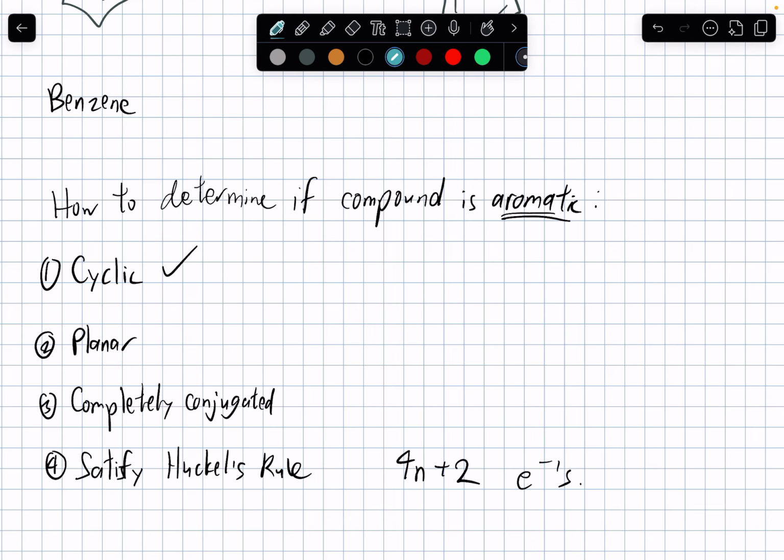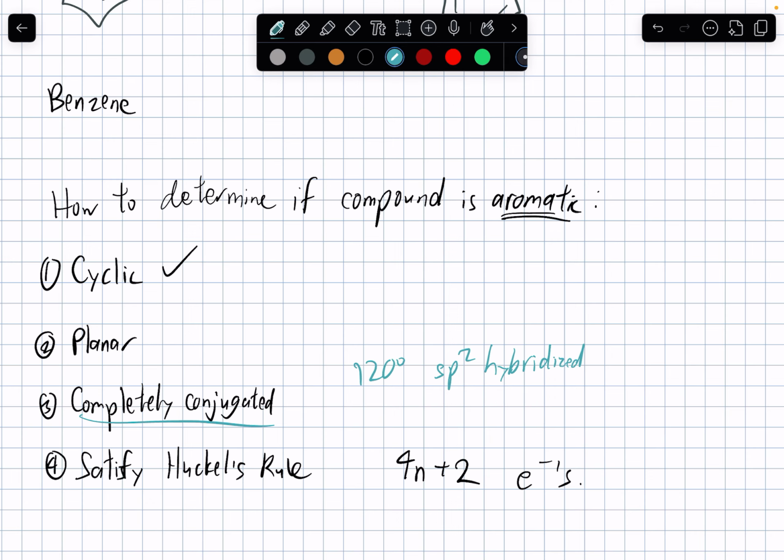By the way, let's go back to this condition. I don't think I've explained this yet. So what does it mean for a compound to be completely conjugated? It has to always be sp2 hybridized. In other words, the bond angle has to be 120 degrees. If the compound were to be sp3, expect there is no conjugation. Okay.